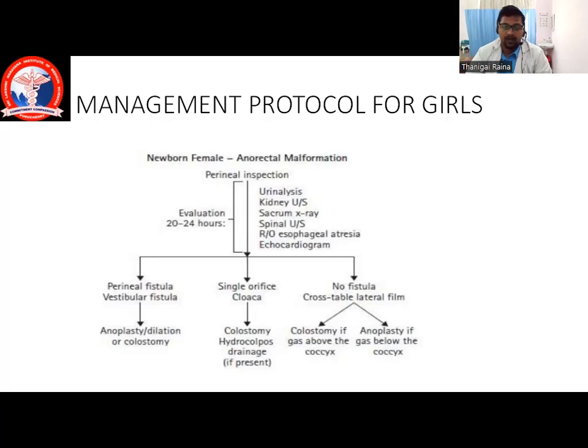Single orifice cloaca, colostomy with hydrocolpos drainage if present. No fistula on cross table: colostomy if gas above the coccyx, or anoplasty if the gas is below the coccyx. So this is the overall management for girl babies.